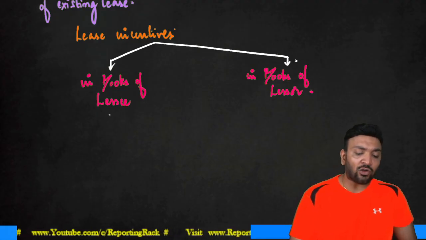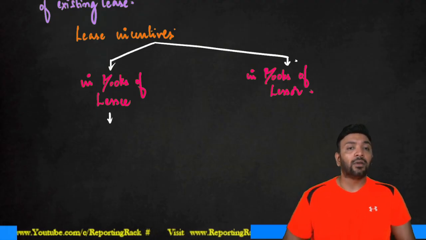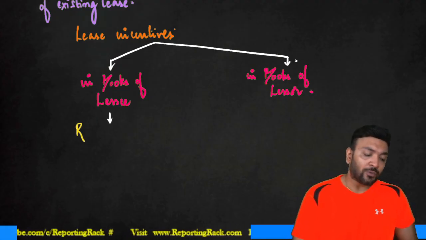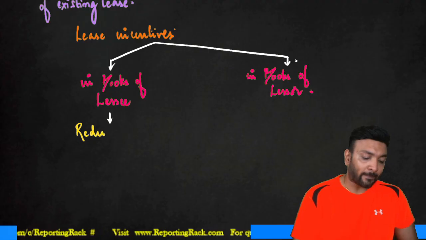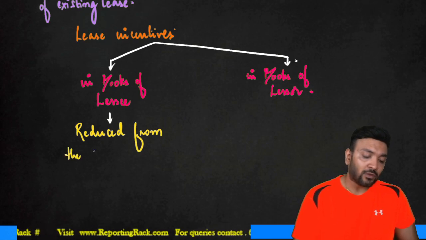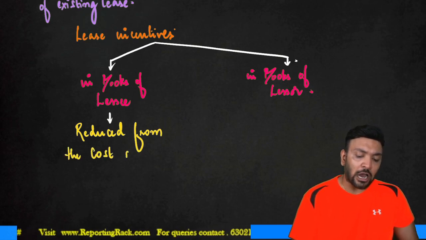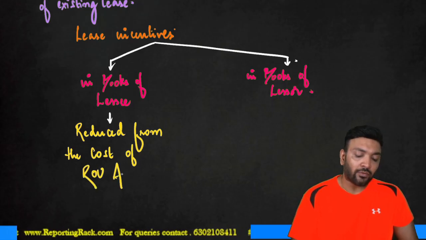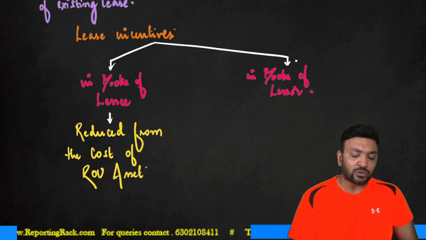Now, when I talk about the books of lessee, these lease incentives should be reduced from cost of ROU asset, right of use asset.